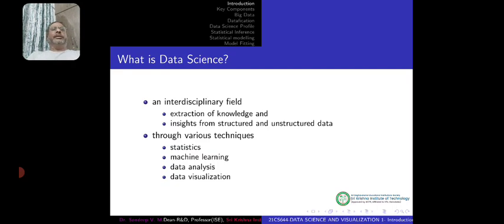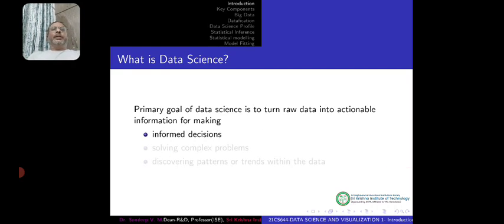So that's data science. The primary goal of data science is to turn raw data into actionable information for making informed decisions, for solving complex problems, and for discovering patterns or trends within the data.